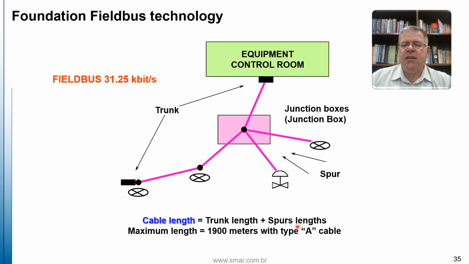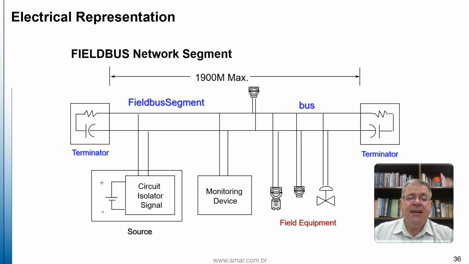Okay? Then we will have the total of the trunk and all the branches, 1,900 meters. Stay alert. This is the electrical representation of our network.